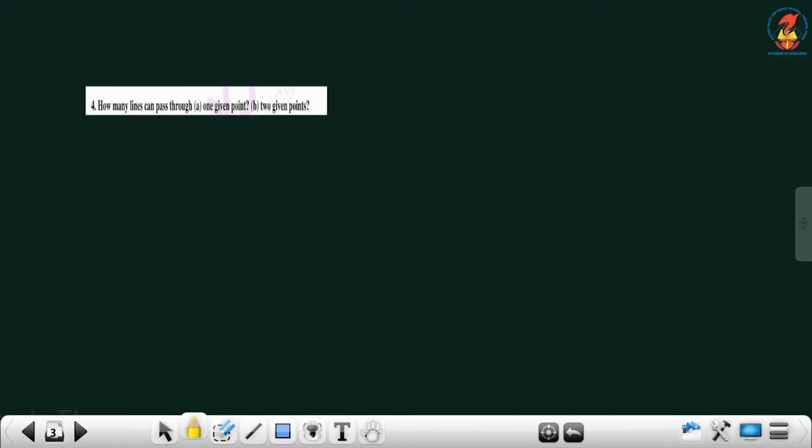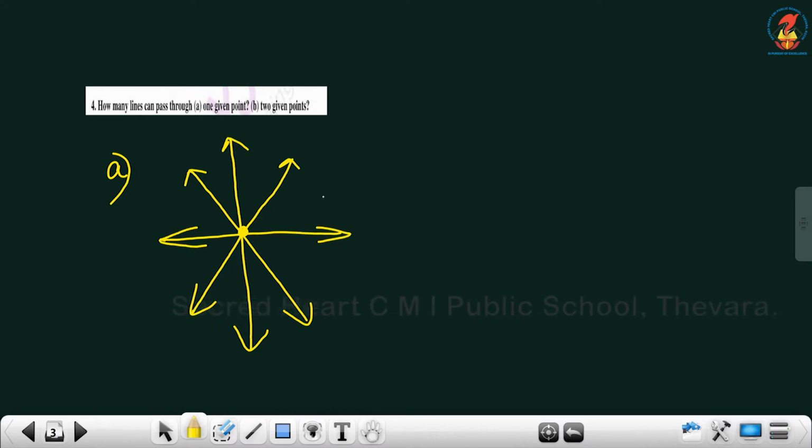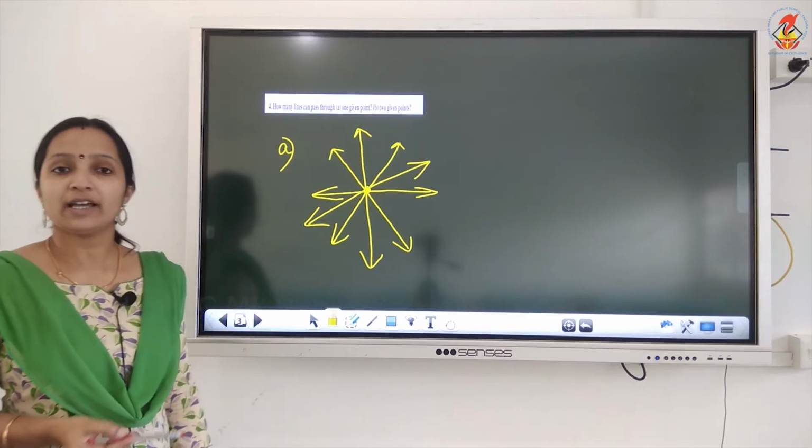Now move to the next question. How many lines can pass through one given point? So one point is there. How many lines can we draw through this point? You can draw one line here. You can draw another line through this point, okay? So in this way we can draw many lines, is it?